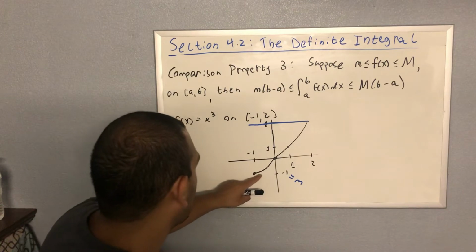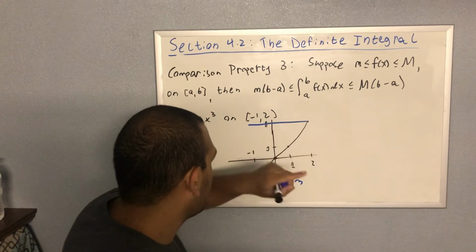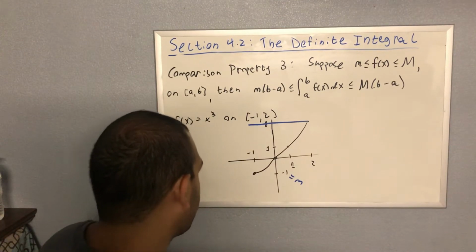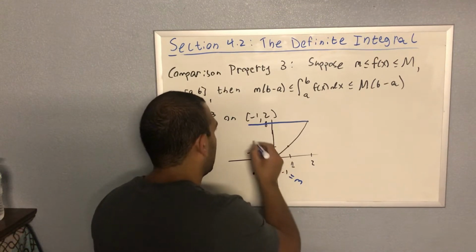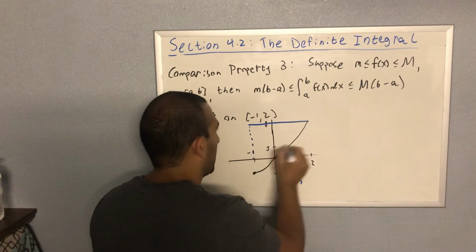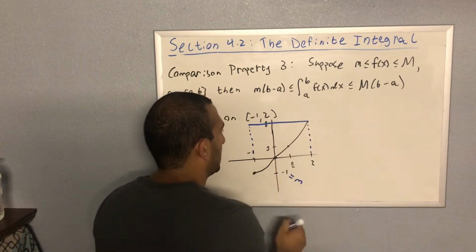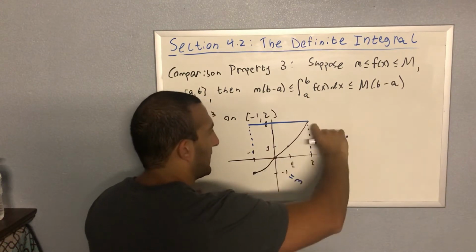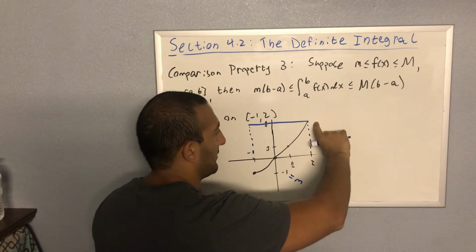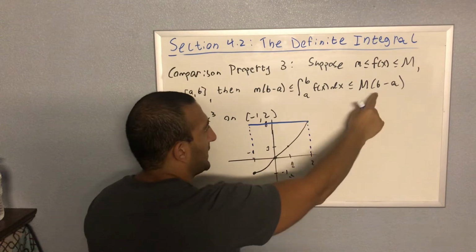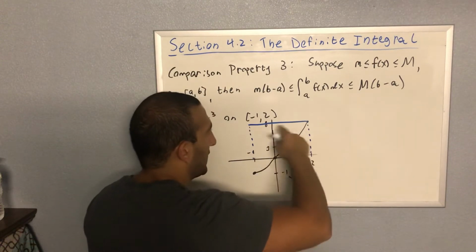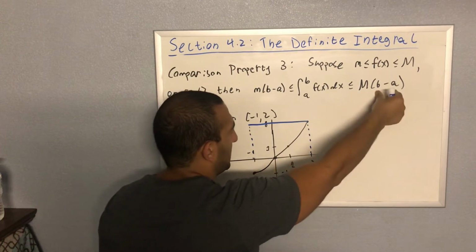It doesn't go like this. It's just always constant at 8. Then the area under this guy, the height of this is capital M, which in this case is 8, and the width is b minus a. So the area underneath this is capital M times b minus a.